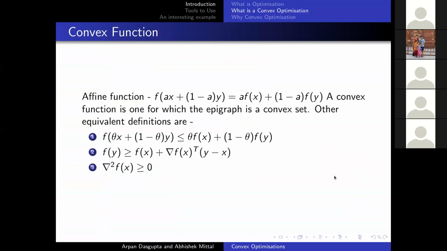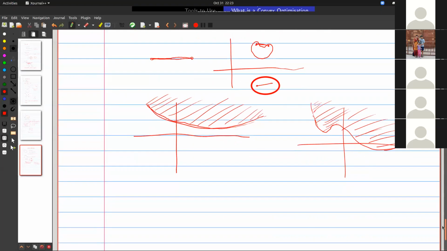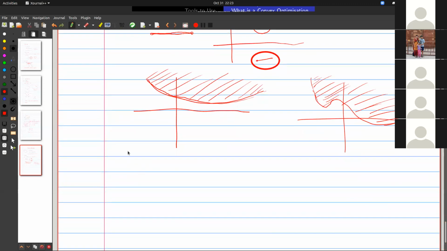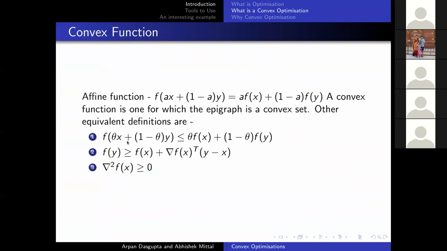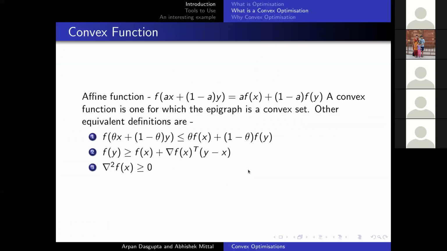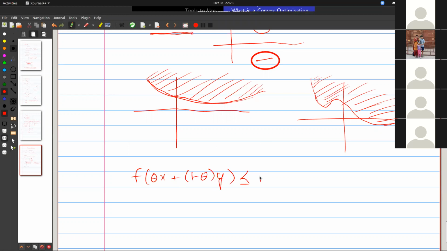Now, there are other equivalent definitions to define it more mathematically. The main definition for a convex function is this, where we say that f of theta x plus 1 minus theta y is less than or equal to theta f of x plus 1 minus theta f of y.